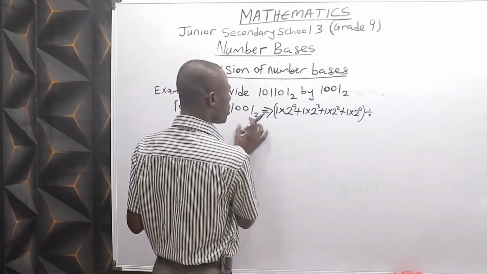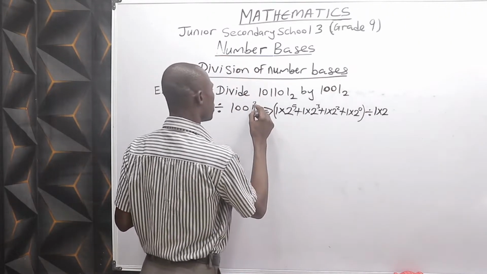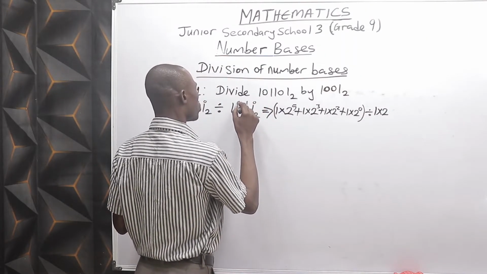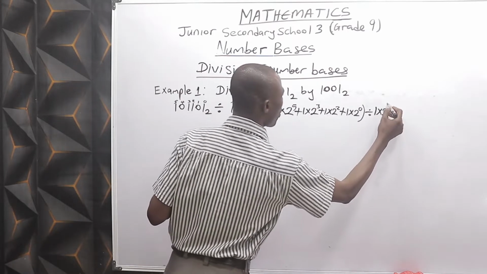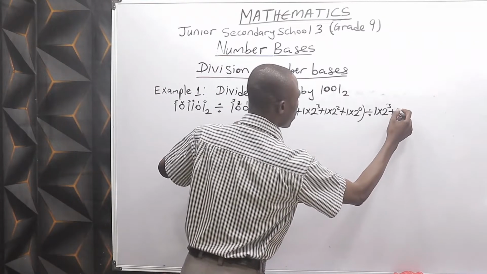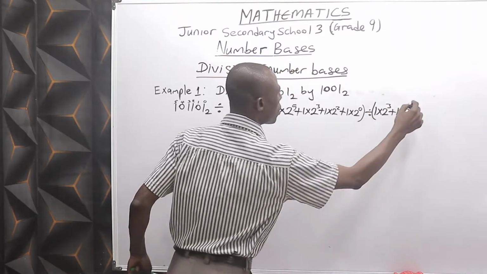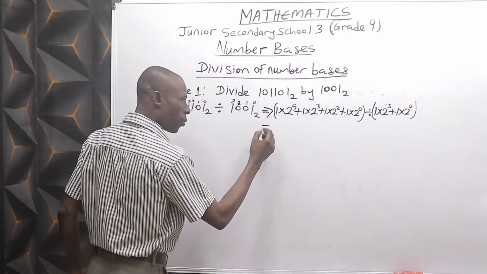Now, next is this. 1 times 2 raised to power, this 0, 1, 2, 3, raised to power 3 plus, I skip these zeros, I go for the real number 1, 2 raised to power 0. See what I'm doing?